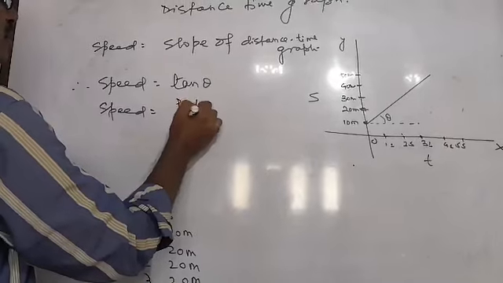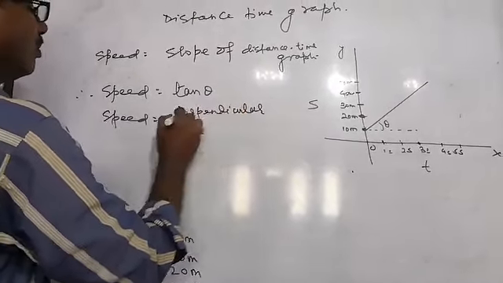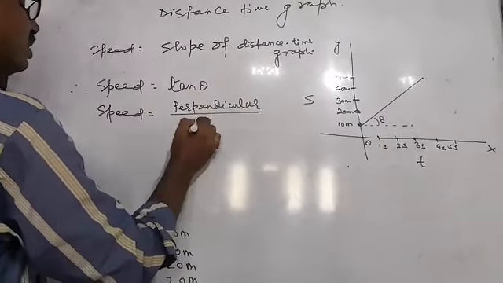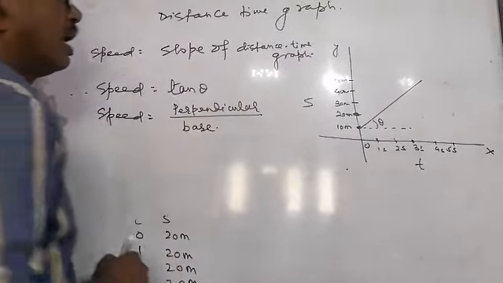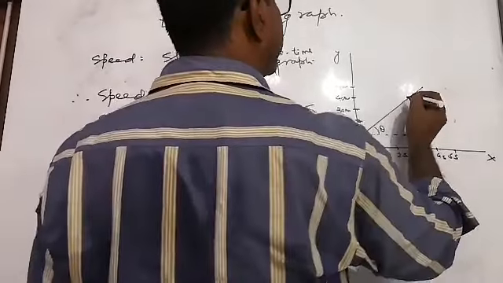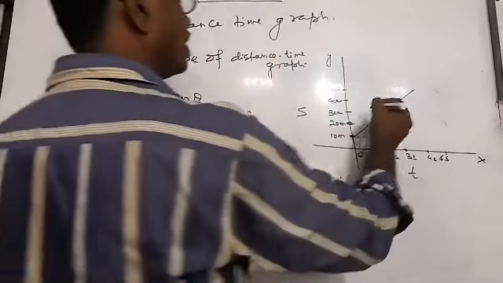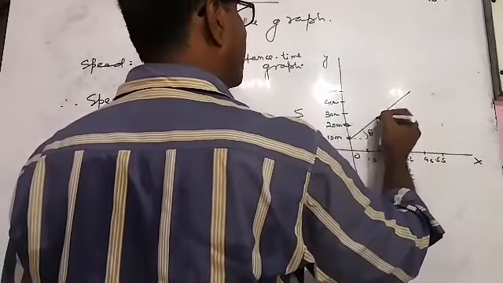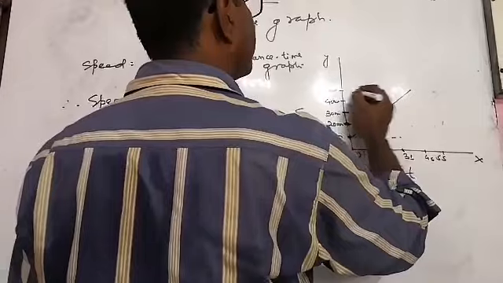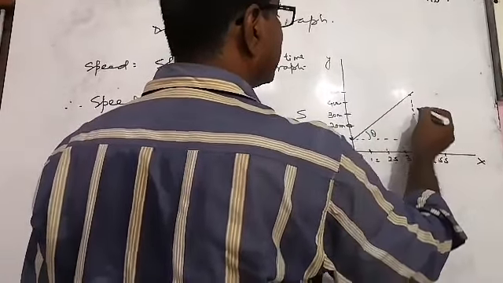Right? Suppose you want to calculate the speed, you first complete the triangle. You can calculate the speed from any part of the line. If you want to calculate from this part, or from this part, no problem. So you first complete the triangle.